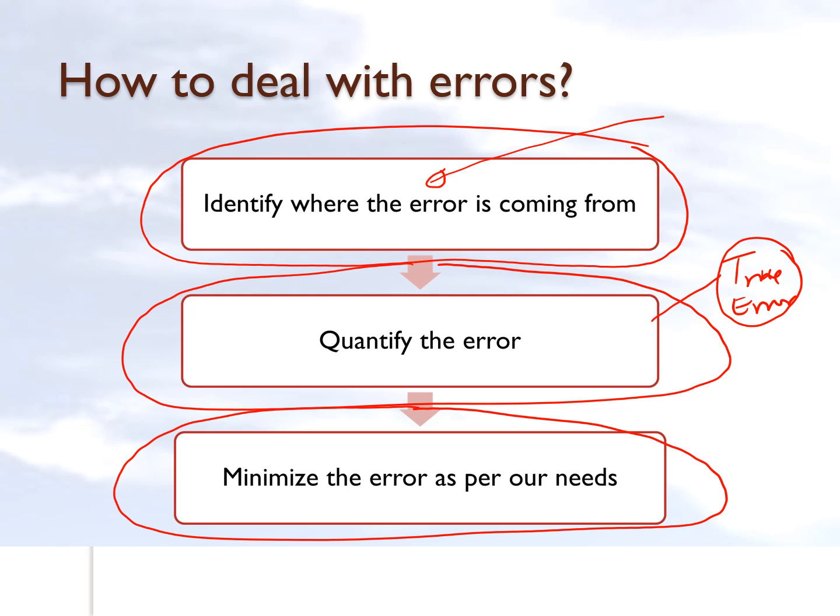Now, many people might ask, how can we calculate true errors? Because we are using numerical methods in the first place because either the exact values are not possible to find, or exact values will take a long time to find. So what is the benefit of true error?